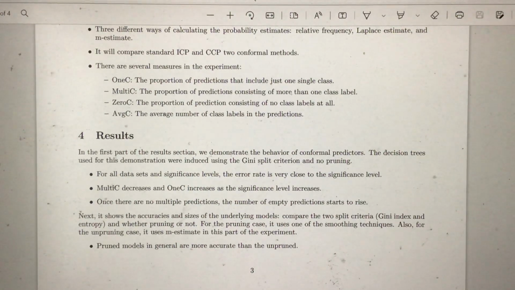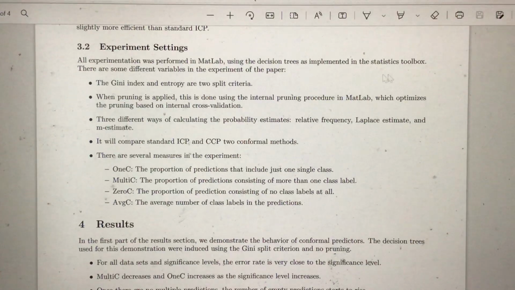In this experiment, we can understand that these cases have more coverage. Of course, the pruned models in general are more accurate than the unpruned, because the pruned models optimize the pruning based on internal cross validation.